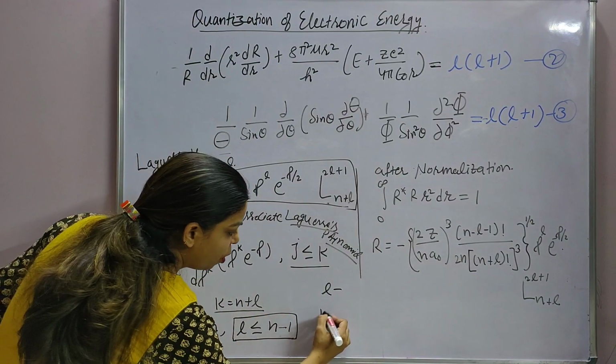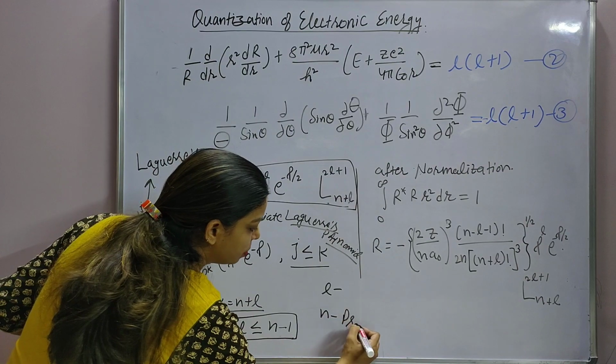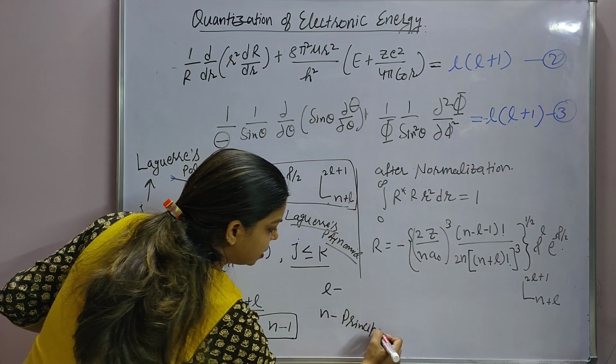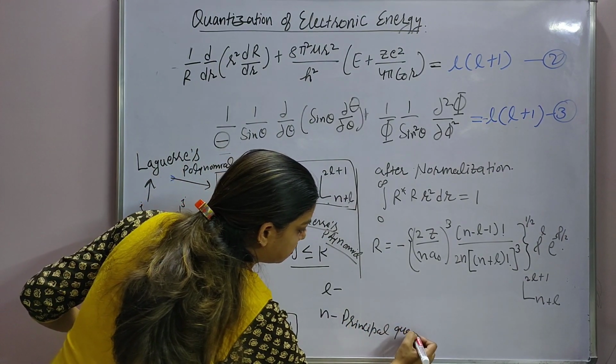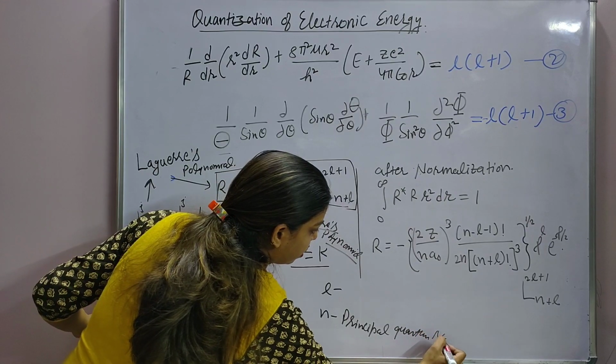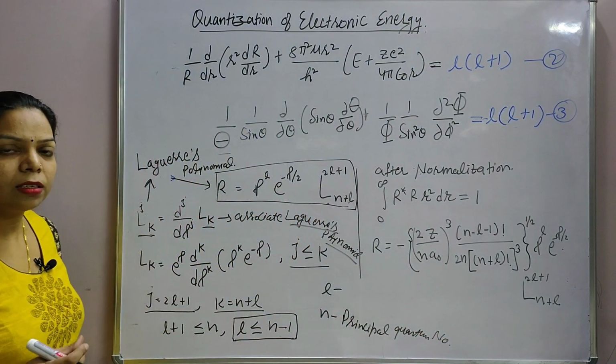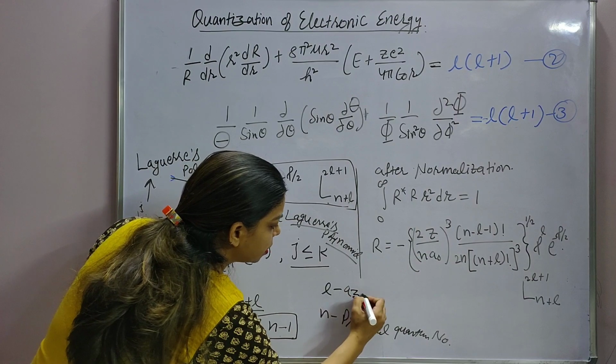Here, first of all, small n is the principal quantum number, and L is the azimuthal quantum number.